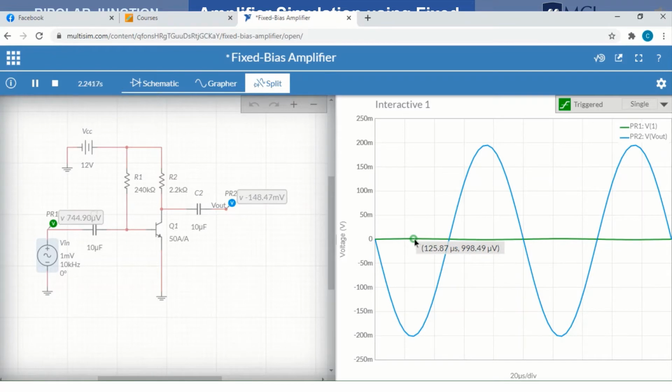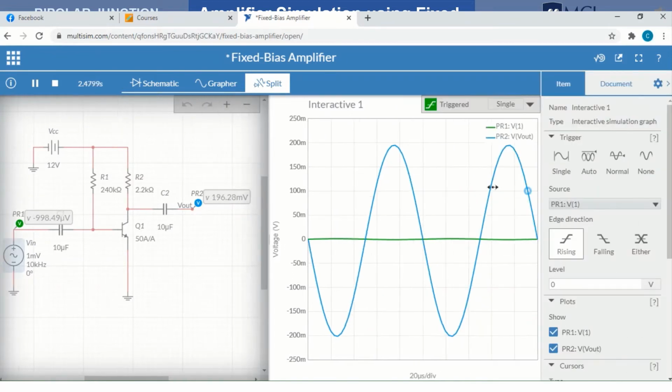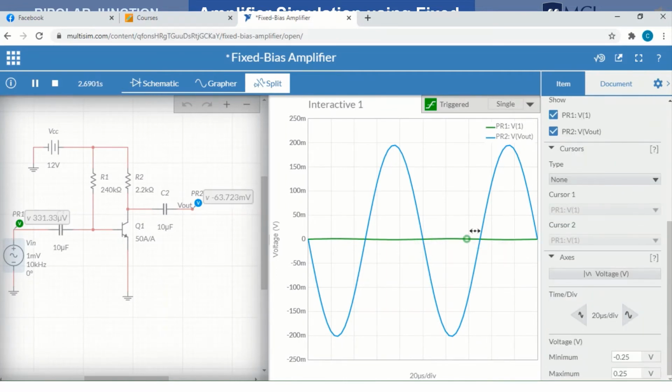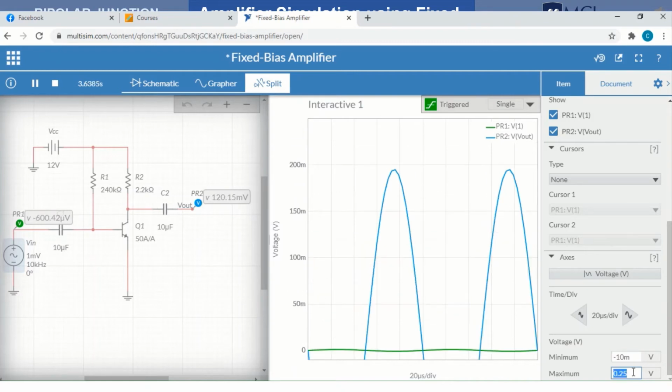We can adjust the range of the voltage so that we can see the input signal clearly. So let's say we have here minus 10 millivolts being the minimum, and 10 millivolts as the maximum.